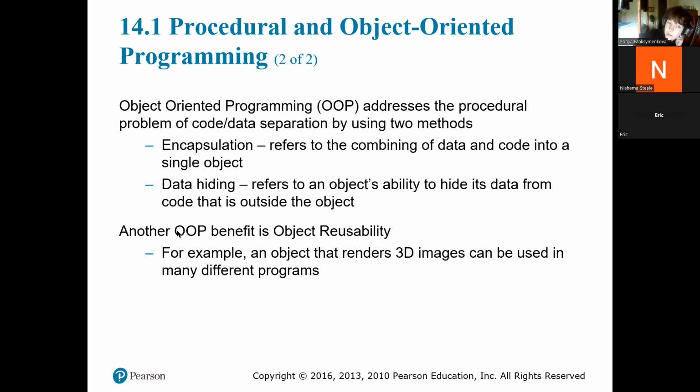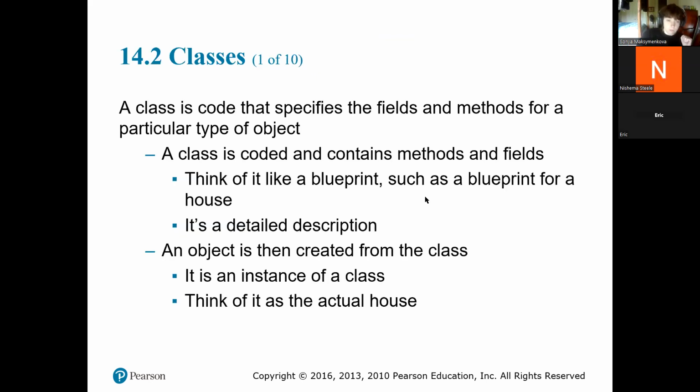And with object-oriented programming, as you can see here, an example, if you have an object that's going to render a 3D image for you, you can just keep reusing it in different programs as you go on and as you write more and more code.